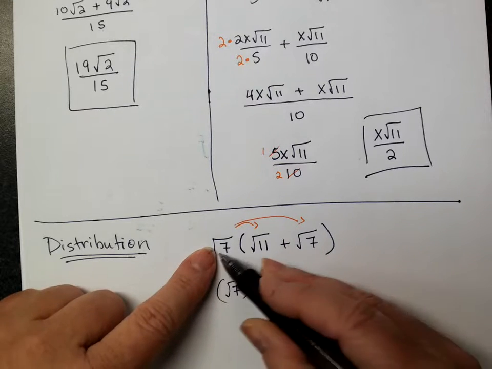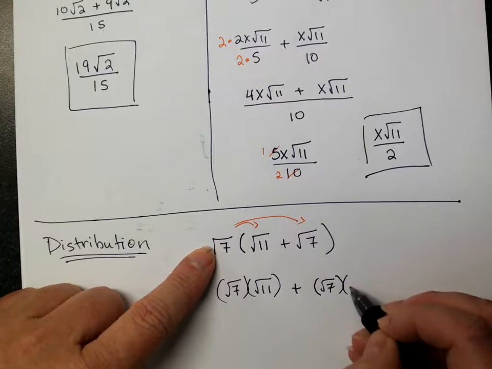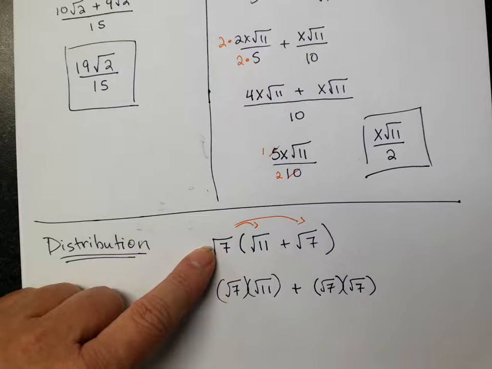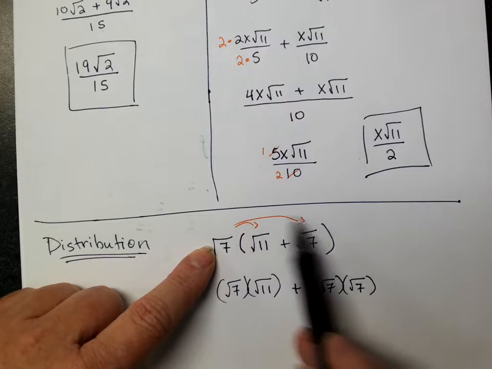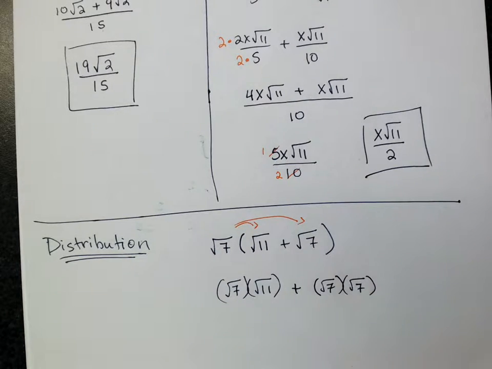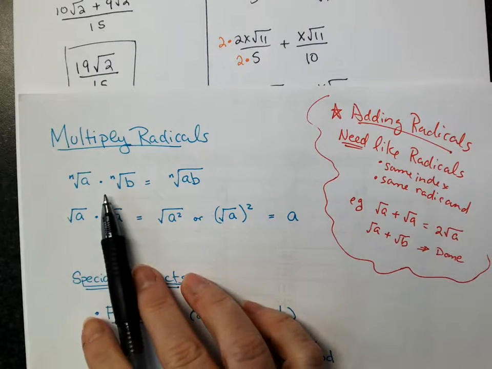So this is square root of 7 times square root of 7. Okay? So I distributed that to both terms, everything plus. Now this all comes back to our basic rules here, multiplying radicals.